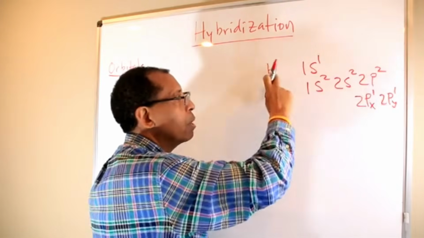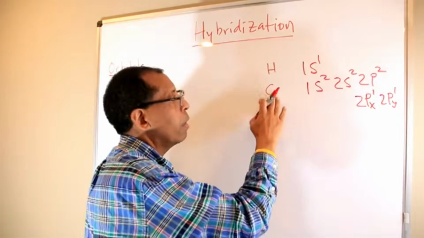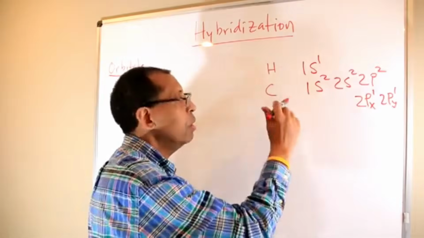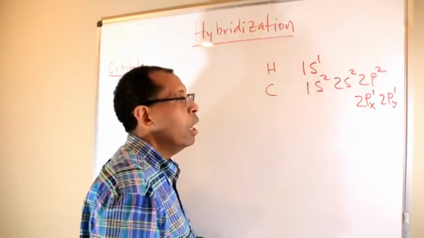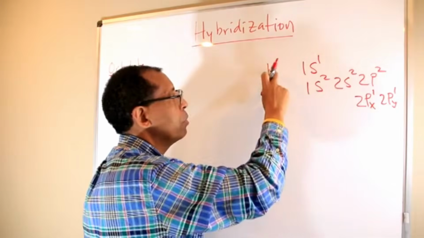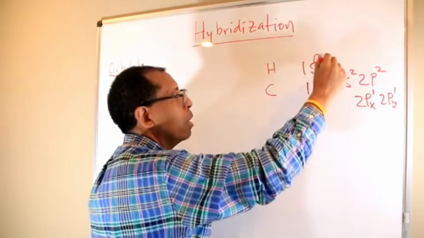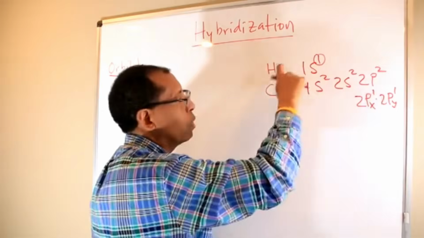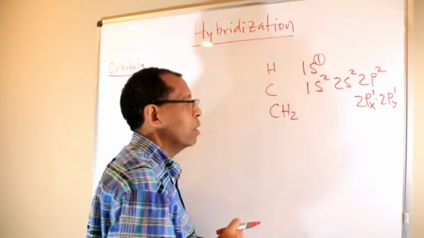So the maximum number of hydrogens that a carbon can take based on this orbital distribution, if you bring one electron to interact with this, it makes 1, another 1, so it would make CH2, not CH4.